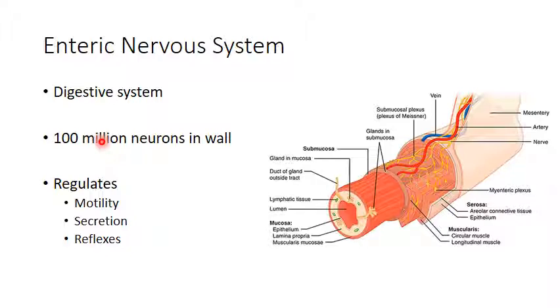The enteric nervous system is part of the digestive system, and what's unique about this particular nervous system is that it does not arise from the central nervous system. It is only found in the digestive system, and it innervates both the smooth muscles and glands in this particular region. So in the digestive tract, we have 100 million or so neurons located in the walls.